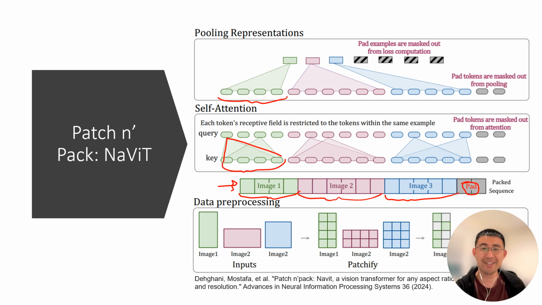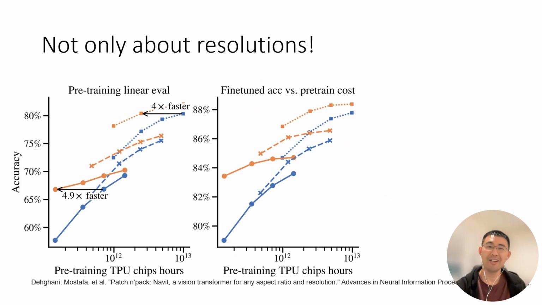So how does it work? How well does it work, actually? It's actually working very well. Even beyond supporting native resolutions, it's more efficient. If you look at this, this is the pre-training accuracy versus training cost. This is the fine-tune accuracy versus training cost.